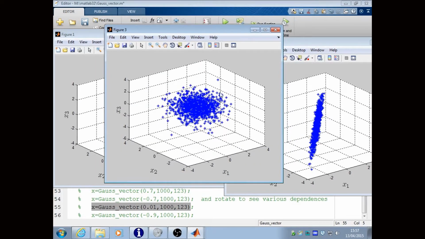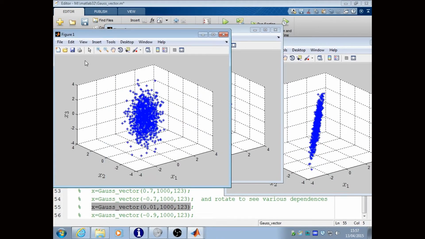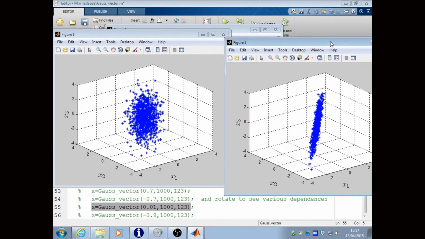Okay, so this is really almost independent, right? So it's like a sphere. When you increase the correlation, they get more aligned on the main diagonal of x1, x2, x3. And when the correlation is almost perfect, they are essentially linearly dependent.